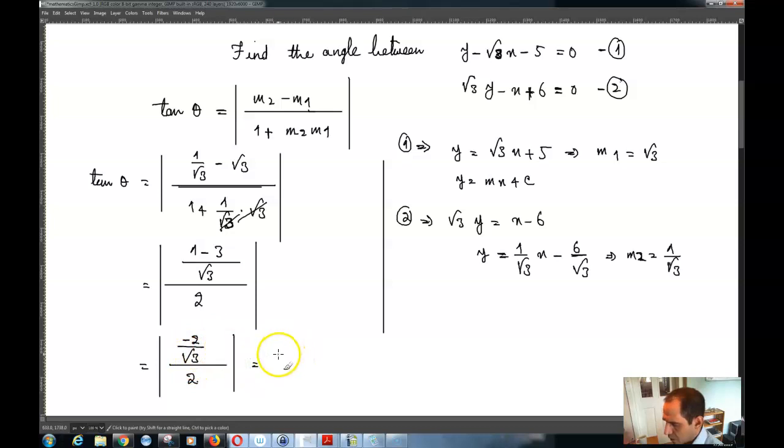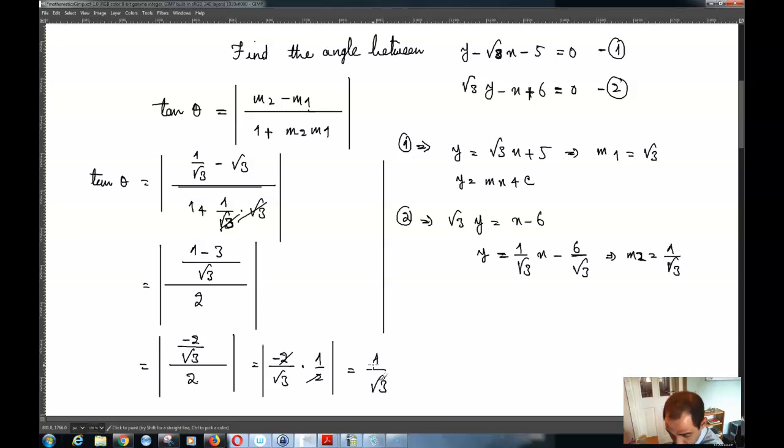That's the same thing as negative 2 over square root of 3 times 1/2. You have the absolute value of this. These two you can cancel out. You'll get negative 1 by square root of 3, which is equal to 1 over square root of 3.